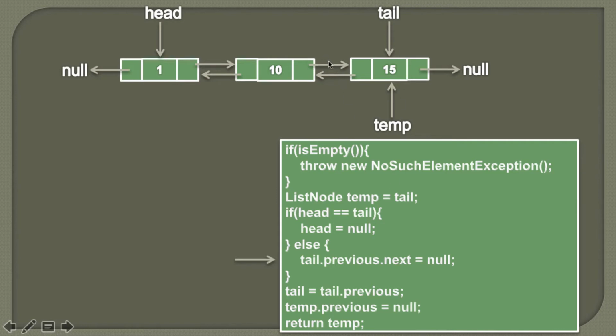First we'll remove this next pointer, because the last node is being referred to by the second last node, so we need to remove this link. To do that, we need to traverse to the second last node and assign a null value to its next. We'll use the tail pointer: we first go to its previous by calling tail.previous, and then to its next we assign a value of null.